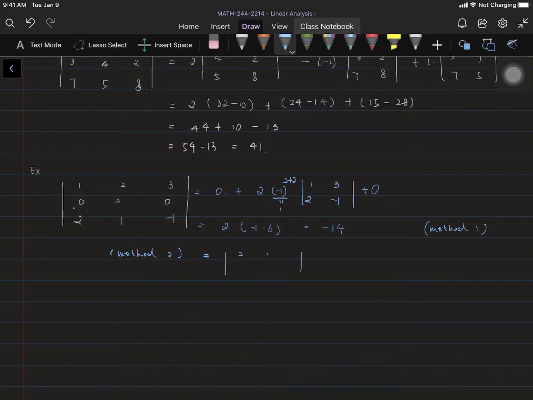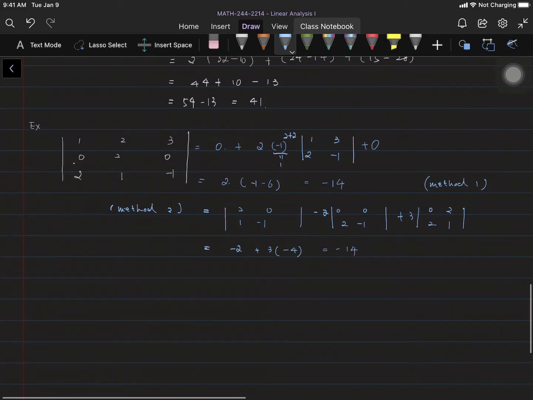So it's going to be 2 times 0, 1, negative 1 minus 2 times 0, 0, 2, negative 1 plus 3 times 0, 2, 2, 1. So negative 2, and here 0, and minus plus 3 times negative 4. Same thing, negative 14.